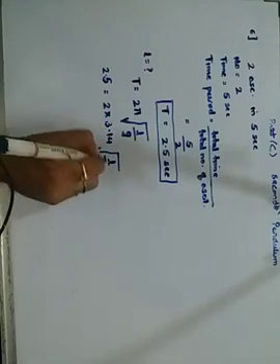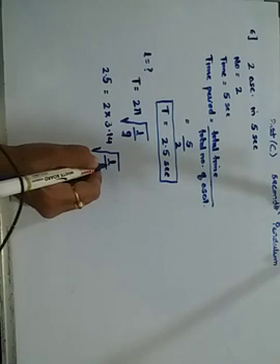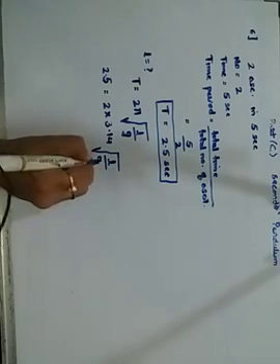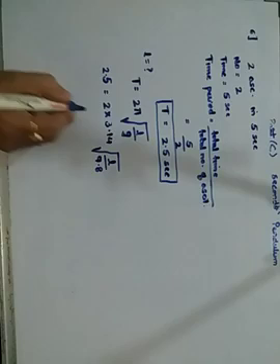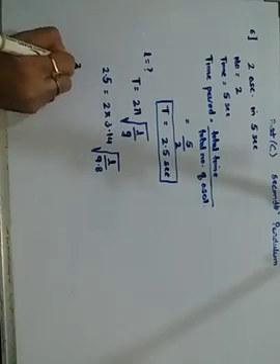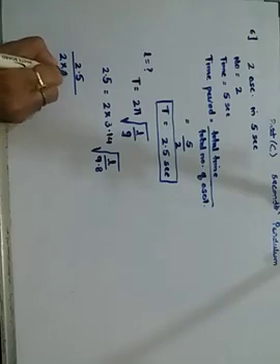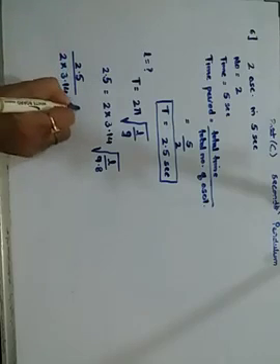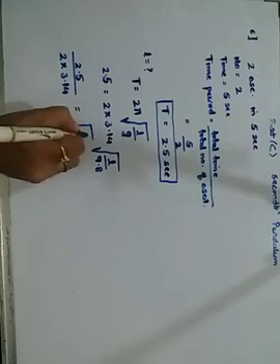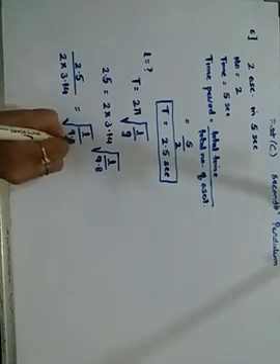Length we require, and g they have said to use 9.8. So I am using 9.8. So now, 2.5 upon, I have to take this down, 2 into 3.14, is equal to root of L upon 9.8.